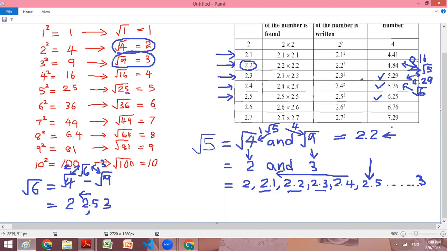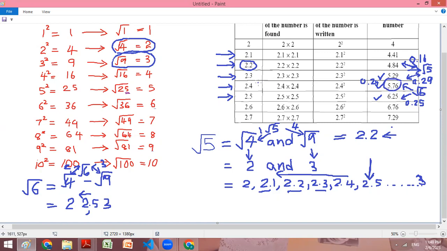The difference between 6.25 and 6 is 0.25. Just missed. Therefore, the better approximation value is 5.76 than 6.25.